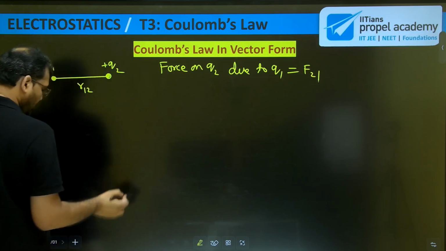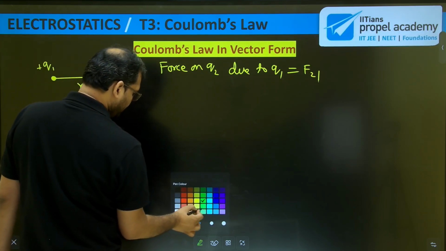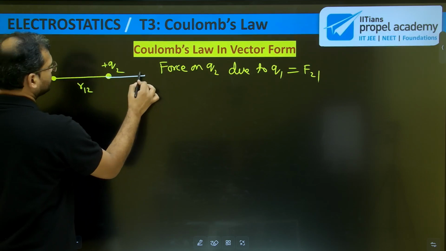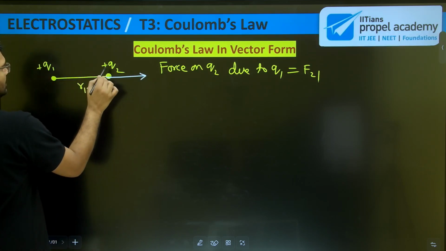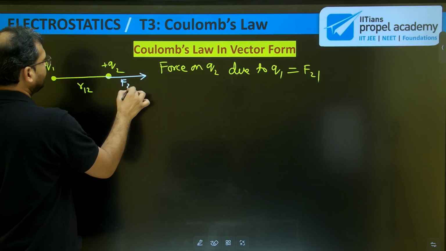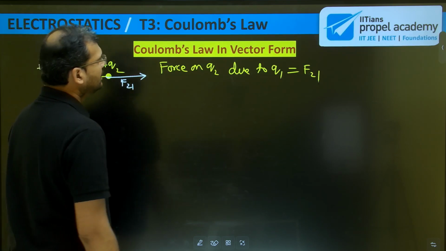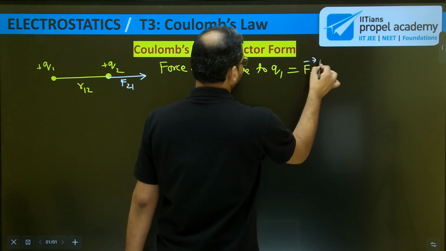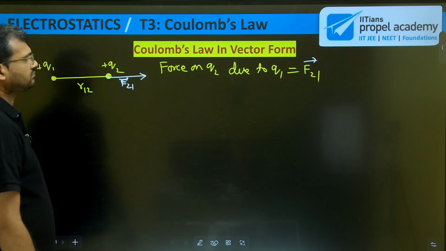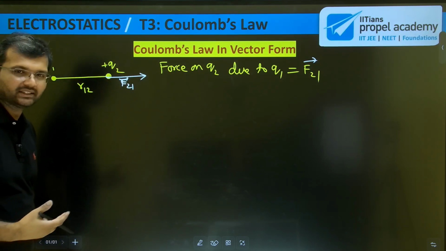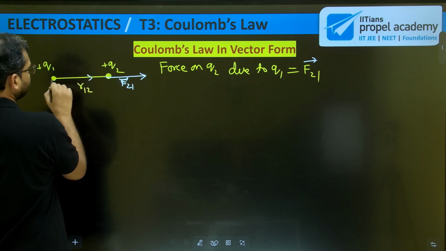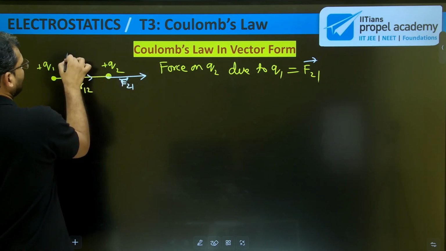As it is a repulsive force, Q2 is pushed away by Q1. So this is F21 bar. I want it in terms of vectors. So how will you write the Coulomb force? Here I'll assume this direction is R12 cap.